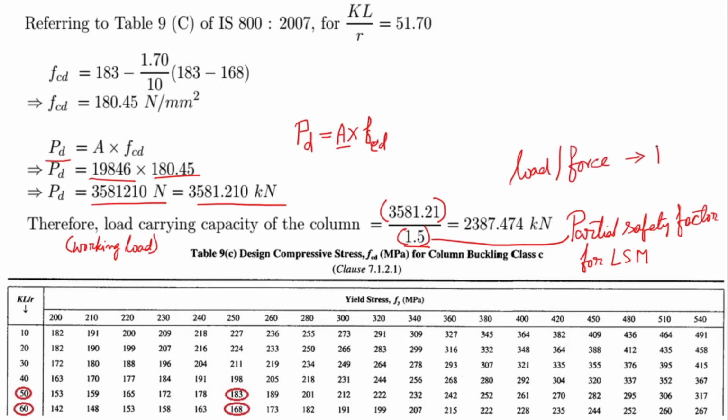It is taken as 1.5. Partial safety factors for different materials are different, and for loads or force it is 1.5 in limit state method. So you have to remember. So finally the load carrying capacity of the column is calculated as 2387.474 kilonewton. So this is the required value as per the question.